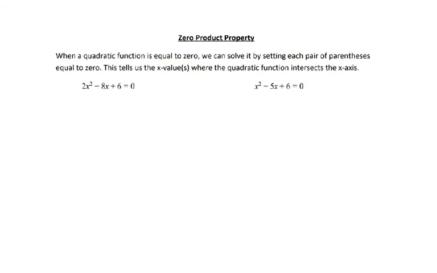So we are going to do two problems, and we see that they're equal to 0. And we know there's something called the zero product property. When two numbers are multiplied times each other and they equal 0, one of them, or both of them, but at least one of them has to be 0. So when I solve the two factors, I can set both of them equal to 0 to find the missing thing.